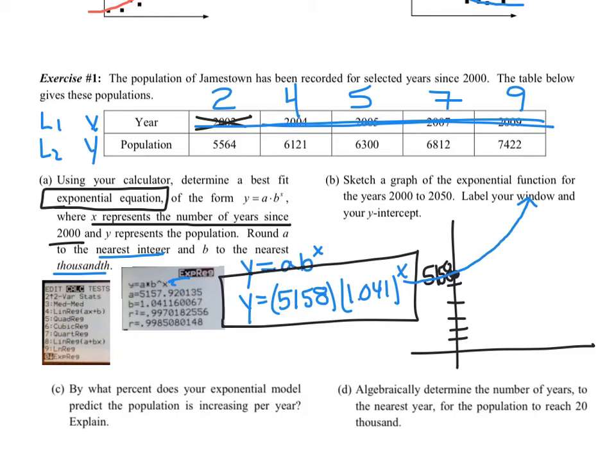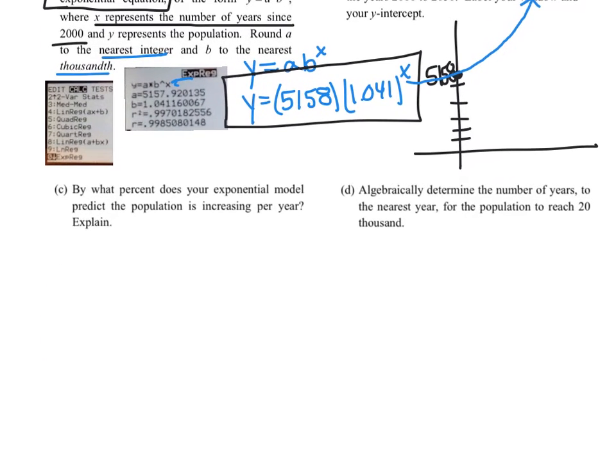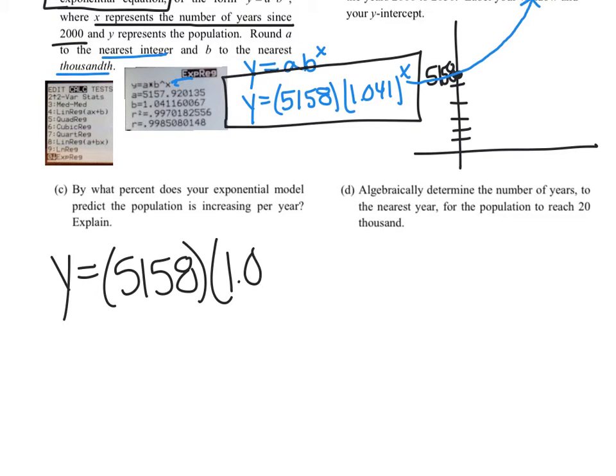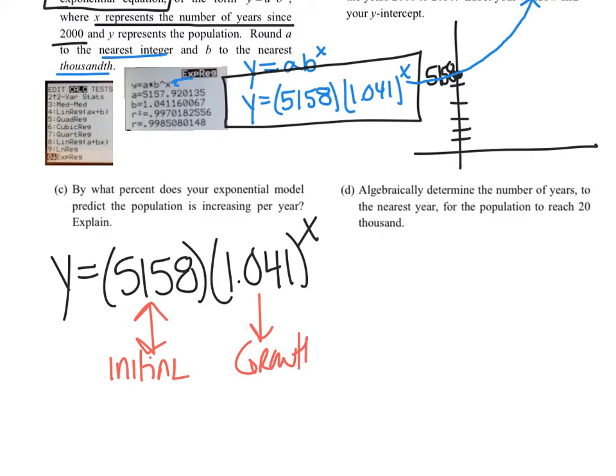By what percent does your exponential model predict the population is increasing per year? Okay, so great question. So let's rewrite that down. So I have 5158 times 1.041 to the X. So first of all, remind yourself, this number represents your initial, and this is my growth. Now the first thing is, is it exponential growth or decay?